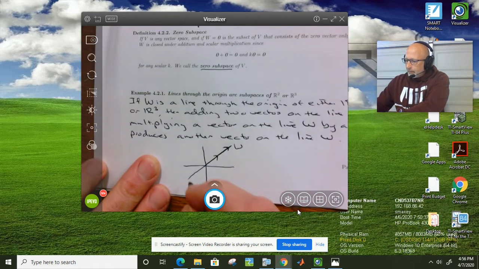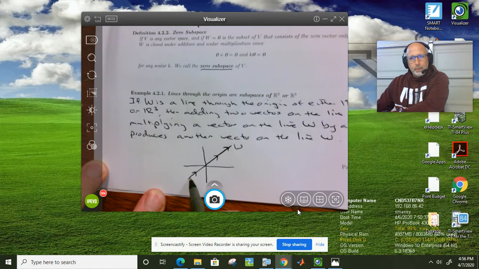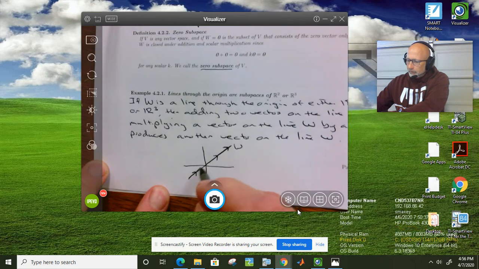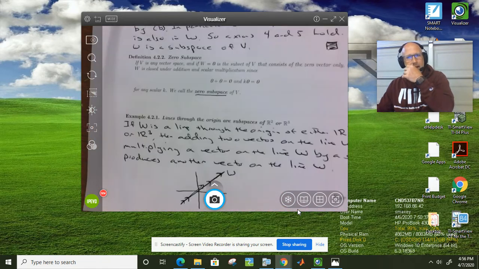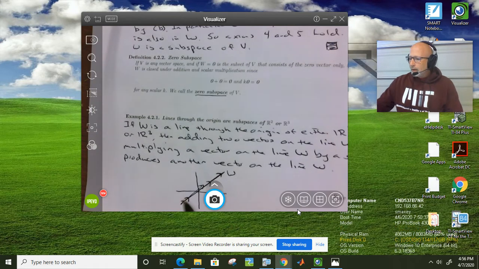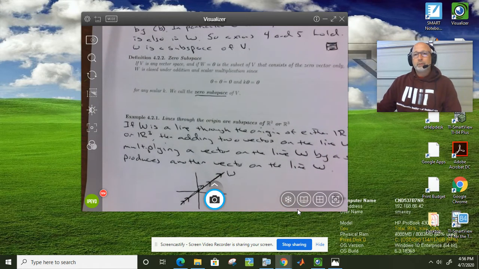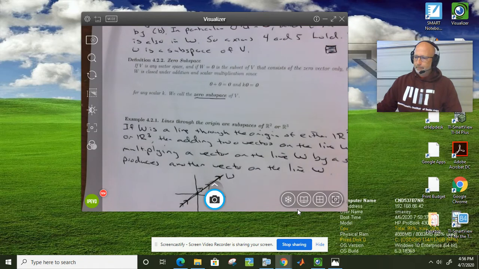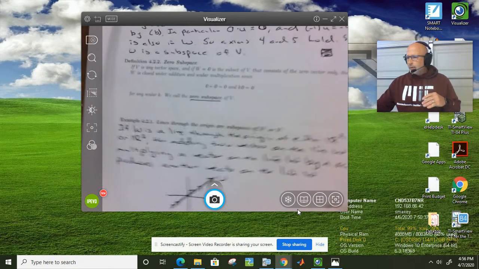The same can be said for multiplying a vector by a scalar. It's just going to be a vector that's either stretched out like this or possibly shrunk, but it's still going to remain on that line. Now, why is it so important that it goes through the origin? Because then it has a 0 element in it. Okay, next page.